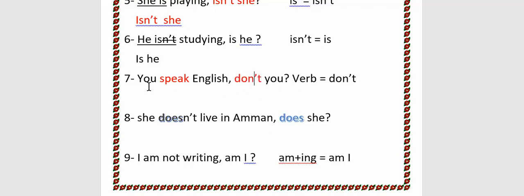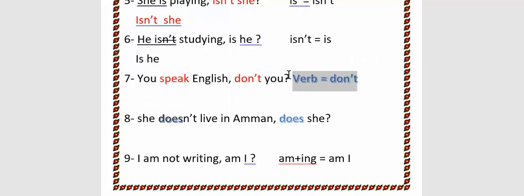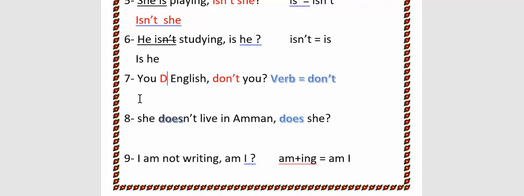When we have a verb, it would be changed to don't. Okay, let's show you. Now, what is the opposite of you speak? Here we have a verb, a negative verb. It would be changed to don't.